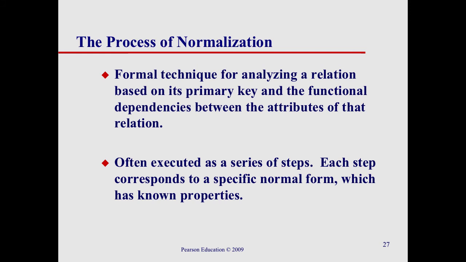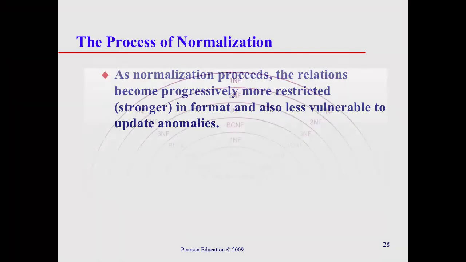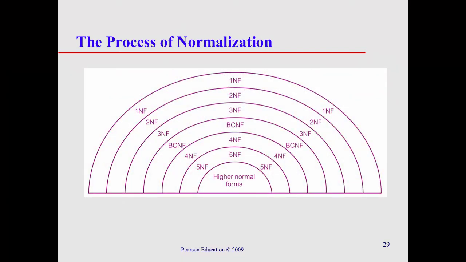The third step was to identify a primary key. And the fourth step is to start converting these relations into the different normal forms. And there are multiple normal forms, and in this course we'll consider only four: unnormalized form, first normal form, second normal form, and third normal form.